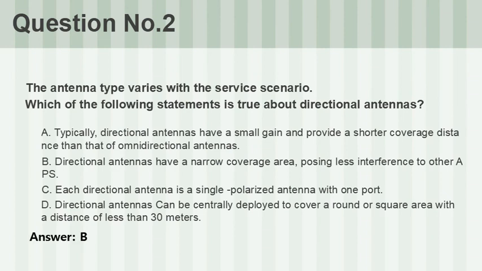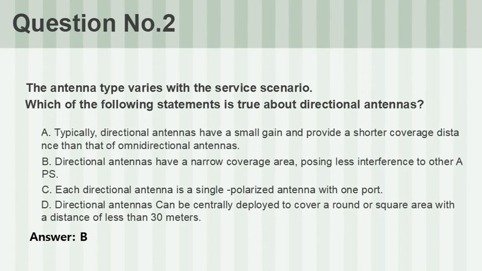Question number 2. The antenna type varies with the service scenario. Which of the following statements is true about directional antennas? A. Typically, directional antennas have a small gain and provide a shorter coverage distance than that of omnidirectional antennas.